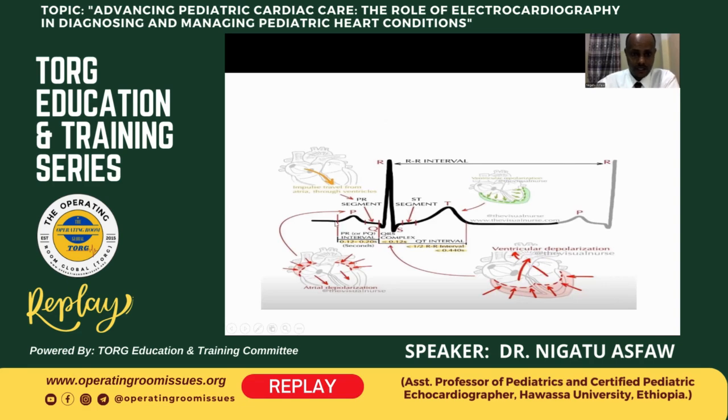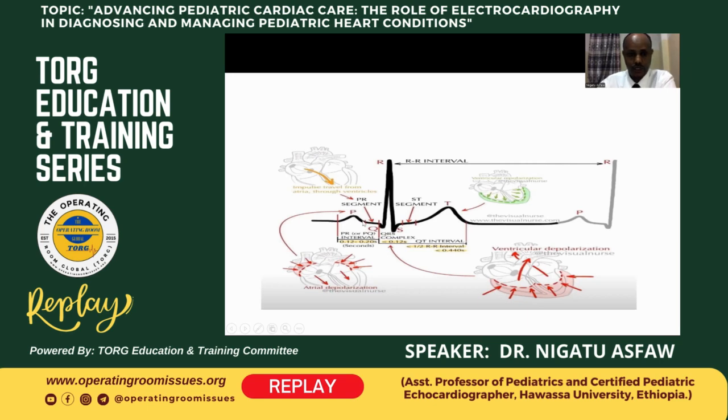So here we can see what I've shared with you in the above slides. The P wave shows the atrial depolarization, which starts at the SA node in the right atrium and moves in this direction, so that will be deflected positive.